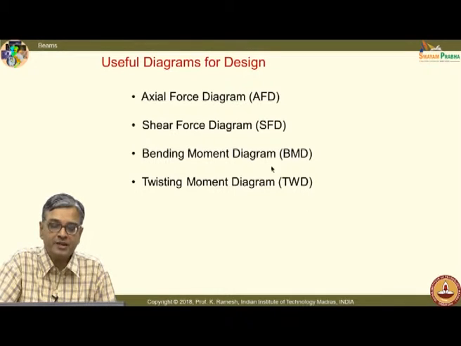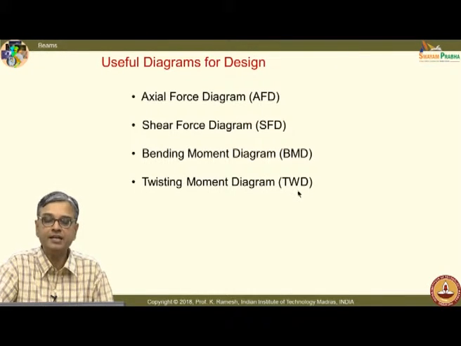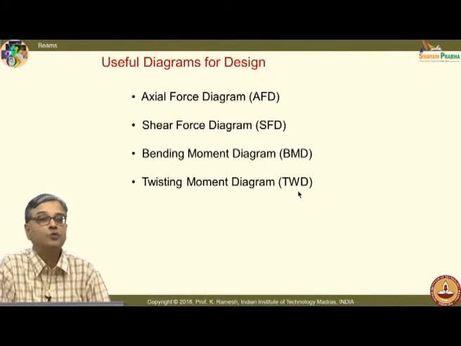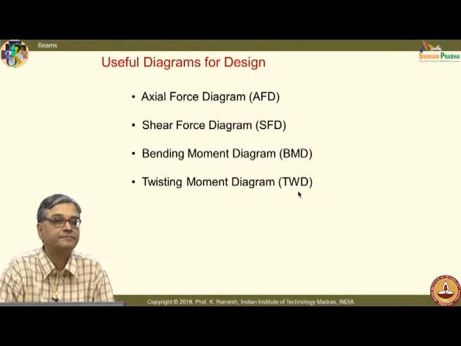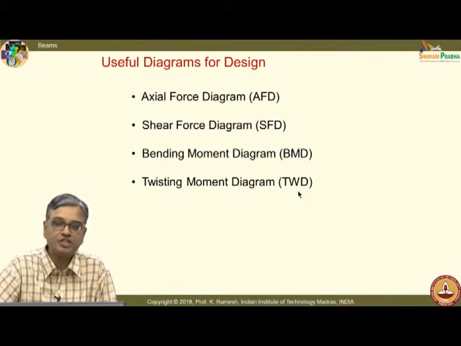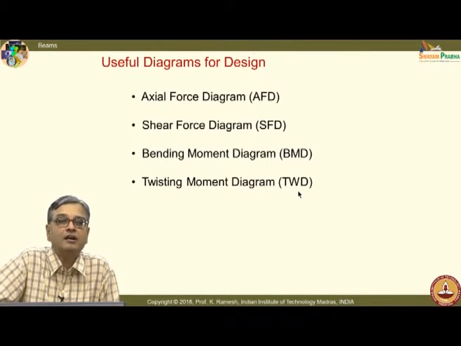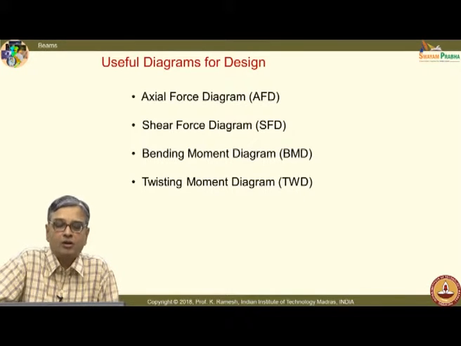And I may also be interested how does the twisting moment varies from cross section to cross section. So, the idea of this chapter is to learn how to plot two of the diagrams, shear force diagram and bending moment diagram.